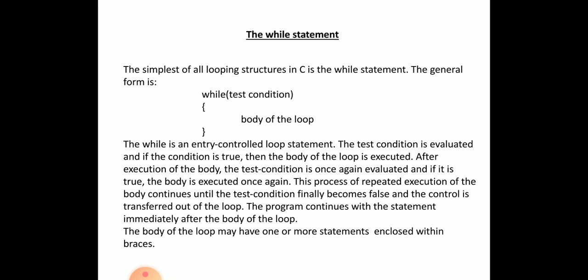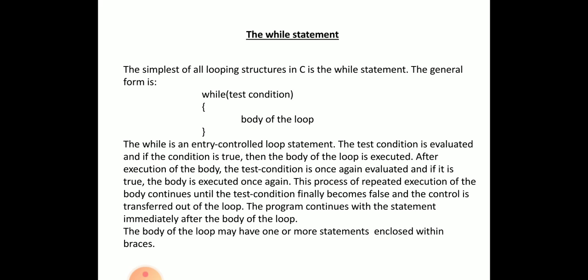In case of an exit controlled loop, the test is performed at the end of the body of the loop, and therefore the entire body of the loop will be executed at least once. The body of the loop is executed unconditionally for the first time, whether the condition becomes false or true.